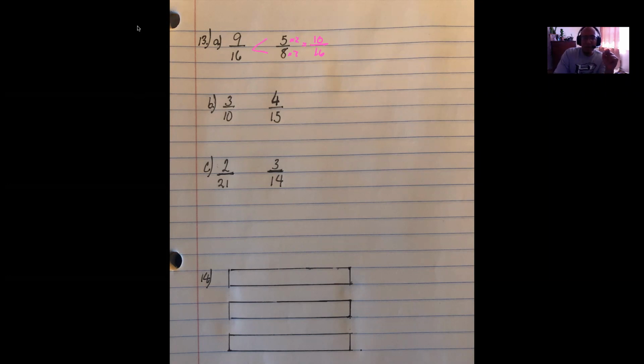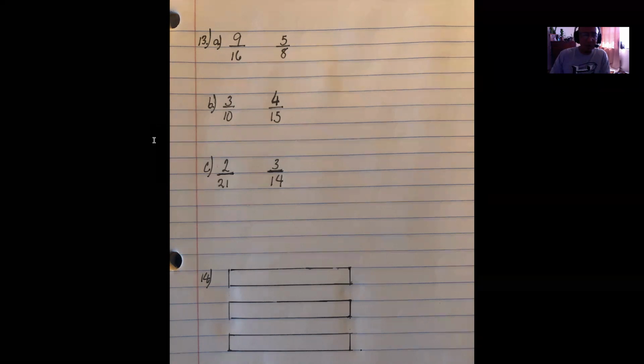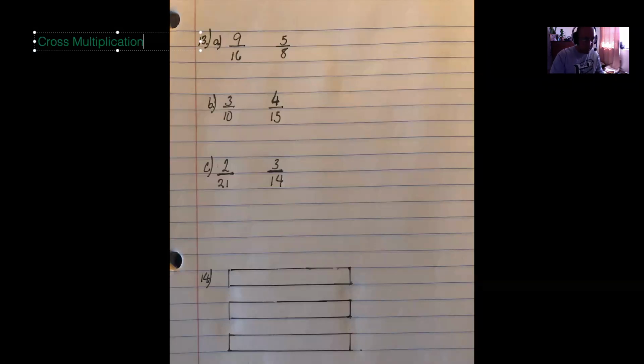However, there is another method that will be easier for problems where it's not as obvious what the common denominator is. Sometimes I hear that method referred to as the butterfly method, but today we're going to refer to it as cross multiplication. Feel free to write that into your notes, into your assignment: cross multiplication.